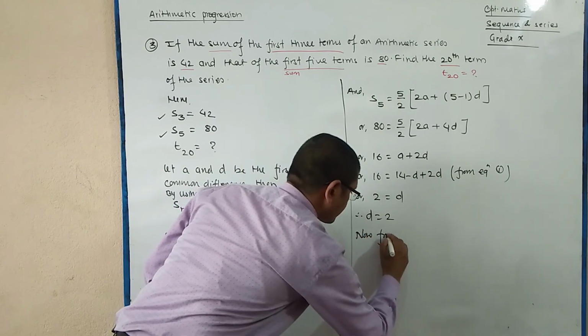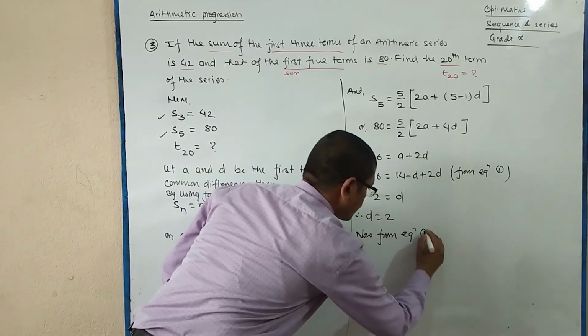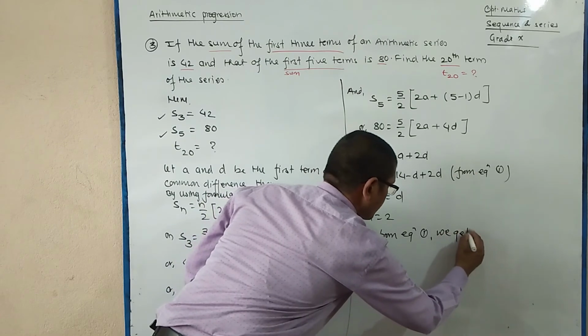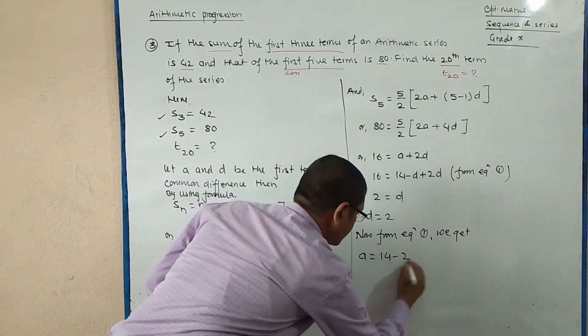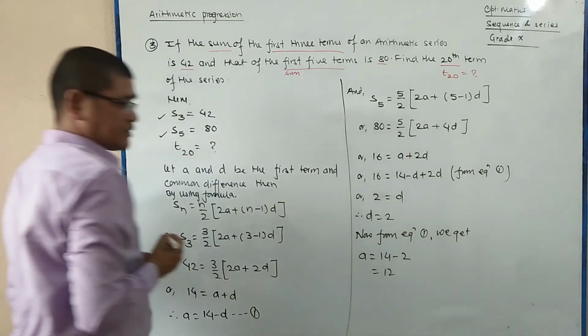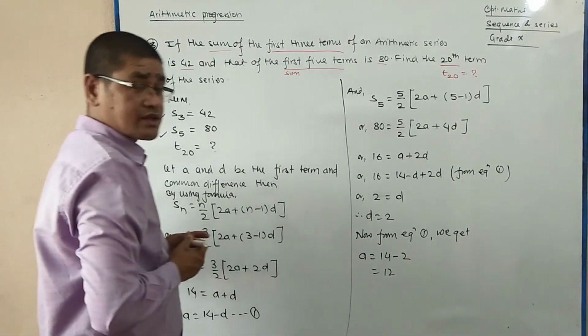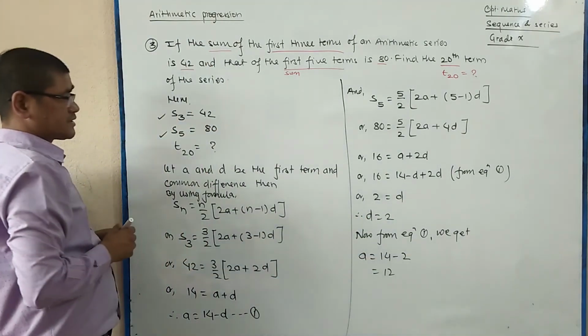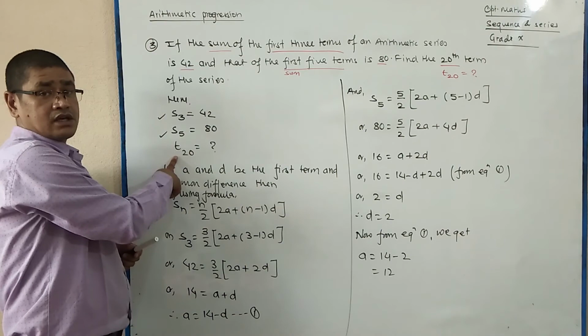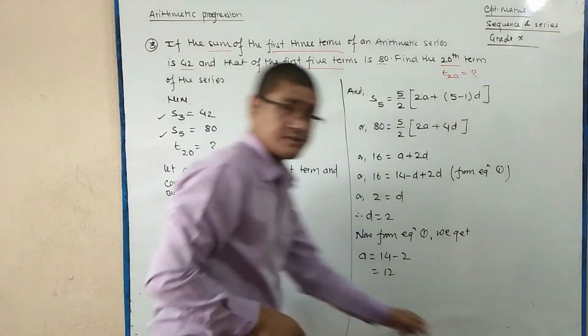Now from equation 1 we get a equals 14 minus 2 equals 12. Means the first term and the common difference d are both calculated. Now after this we can easily find the 20th term. So let's do that.